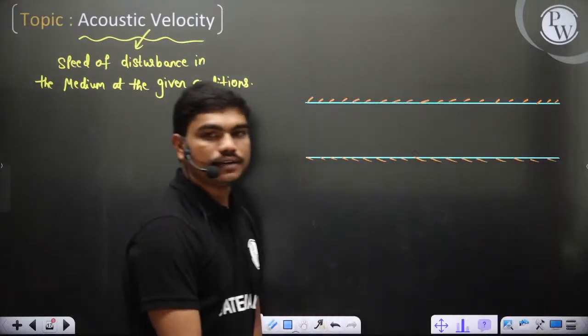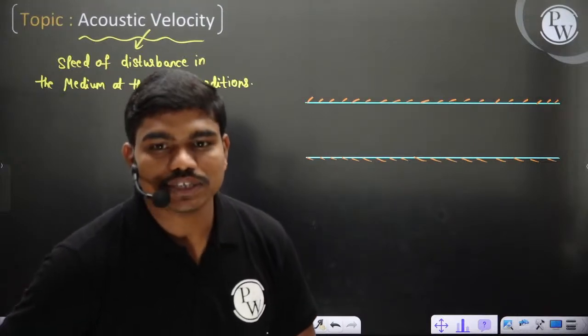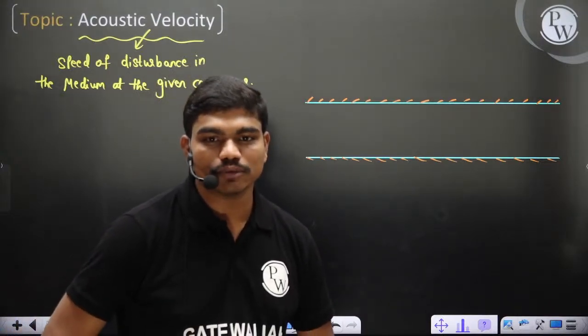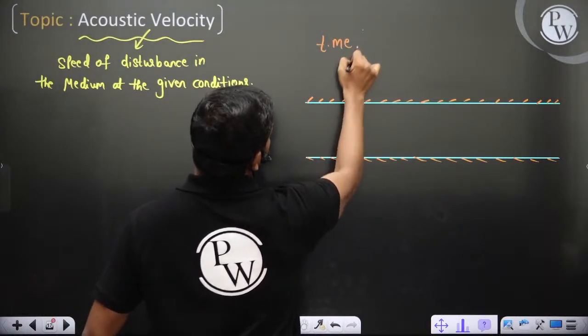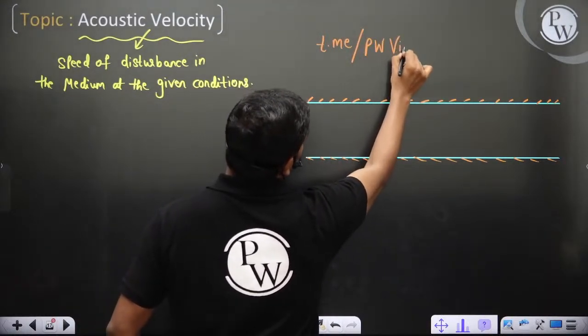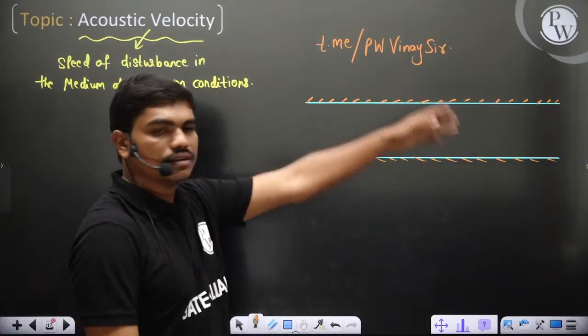Processing speed is a little slow. I have already told you in many of my classes, t.me/pw Vinay sir, this is my telegram group. No spaces in between, you can just type it.